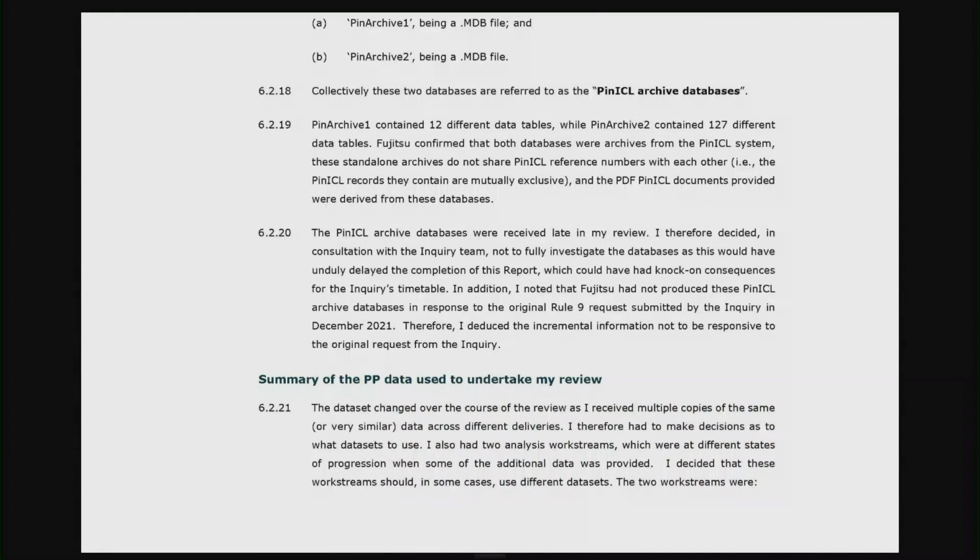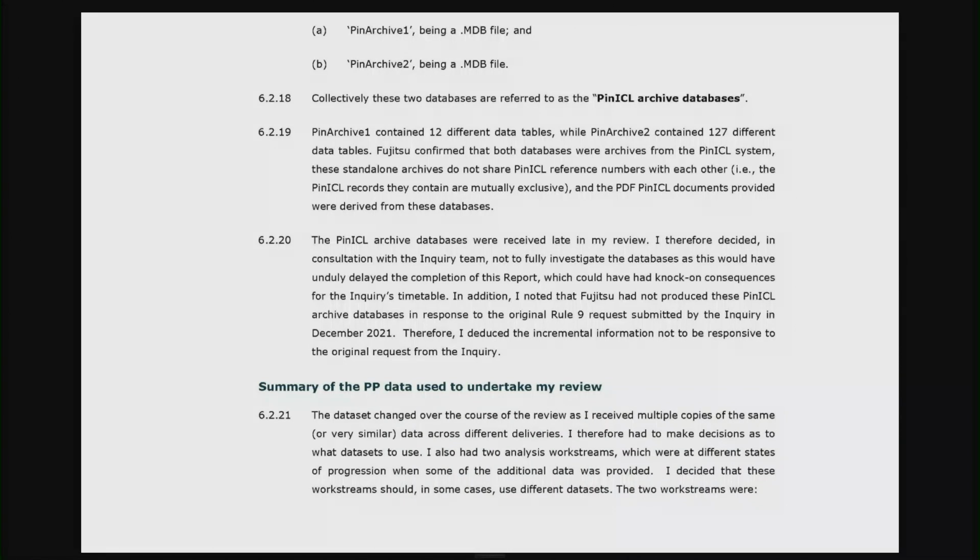At the foot of the page, you deal with the summary of the Pinnacle and Peak data used to undertake your review, and you say that this data set changed over the course of the review as you received multiple copies of the same or very similar data across different deliveries. You had to make decisions as to what data sets to use.